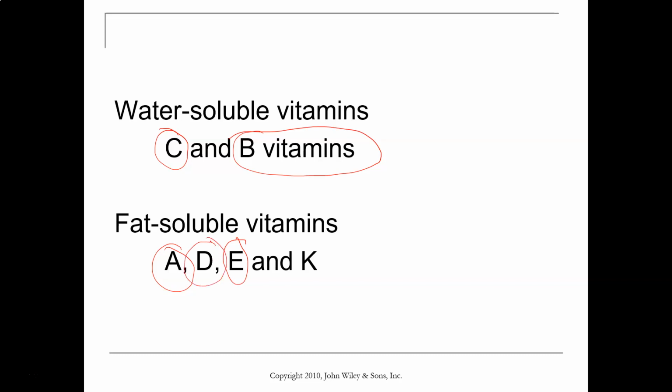Vitamin D is very important in helping to properly mineralize your bones, to move the proper amount of calcium into your bones. And vitamin K is a vitamin made by some of the bacteria that make up our microbiome, and it has a role in blood clotting. So vitamin K is needed for hemostasis, for some of the steps in the blood clotting process.